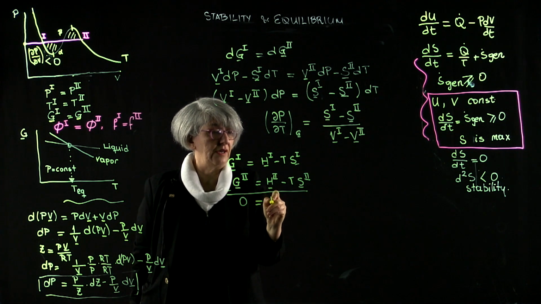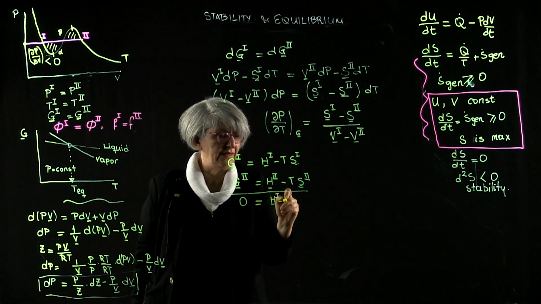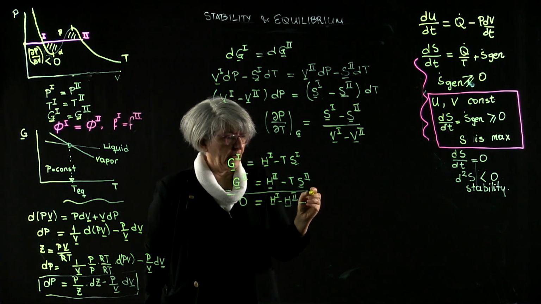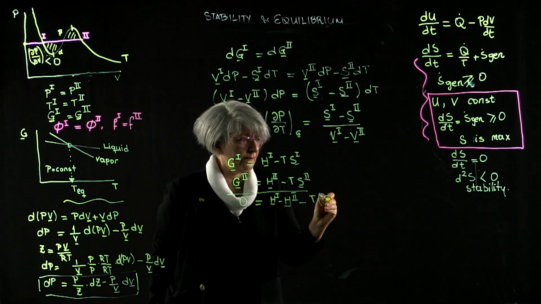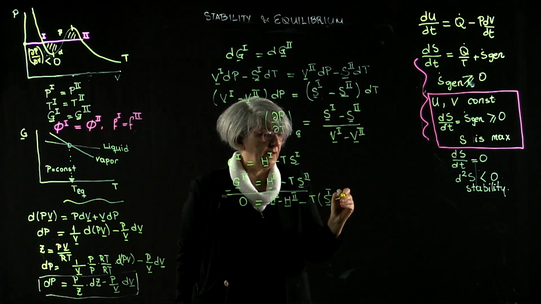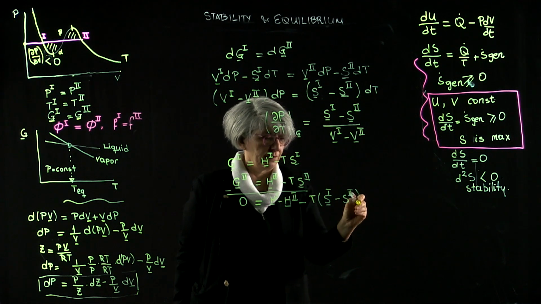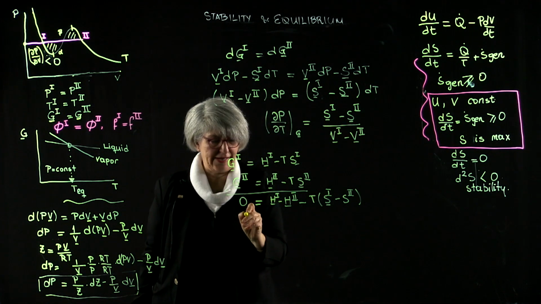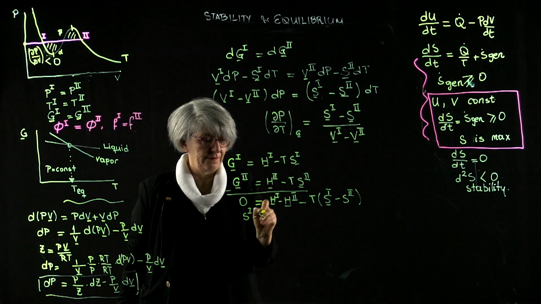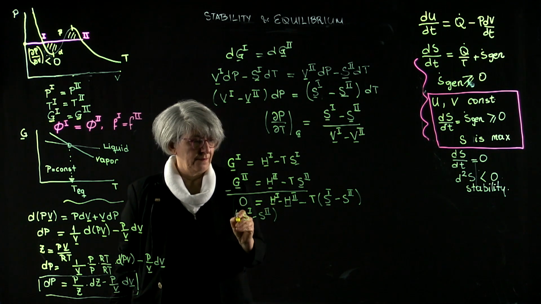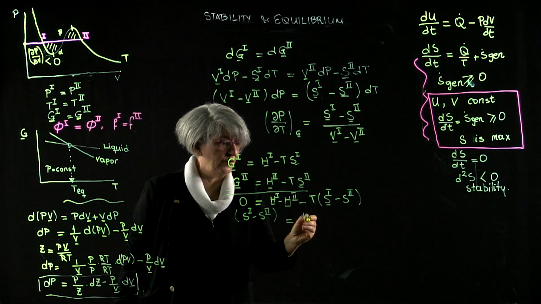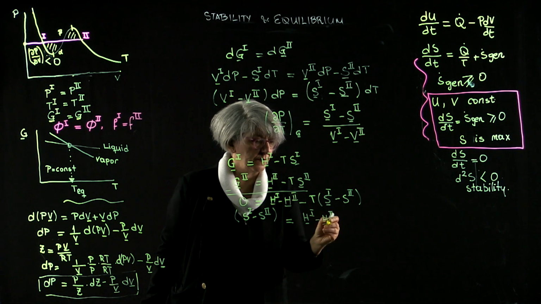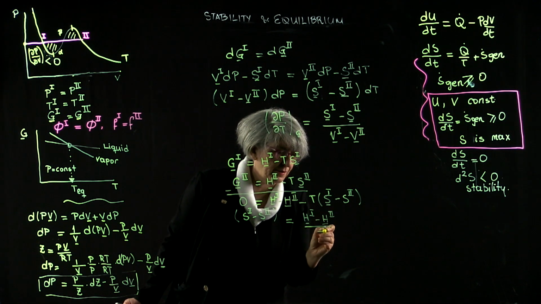That is going to be equal to H1 minus H2 minus T times S1 minus S2. And from here, we will derive S1 minus S2 as H1 minus H2 divided by the temperature.